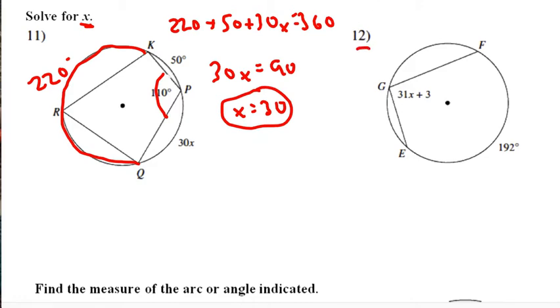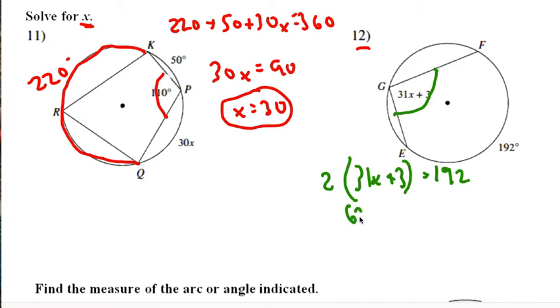Number 12, do you see an inscribed angle? Yes, 31x plus 3. 2 times that inscribed angle is equal to 192. So we must distribute.